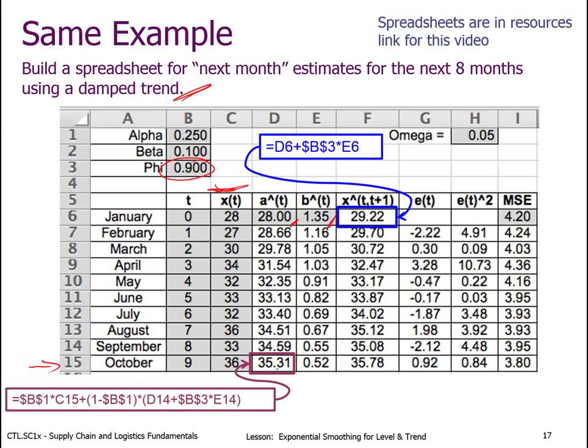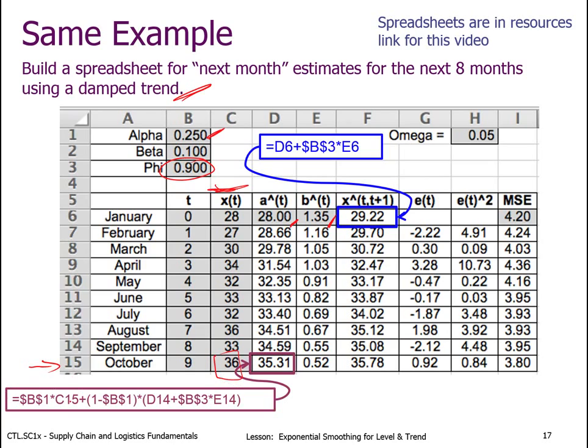So this is saying my estimate for the level in time t, that's October, is going to be equal to what? Well, the value in B1 is simply the alpha times C15, and what's in C15? Well, my most recent observation.